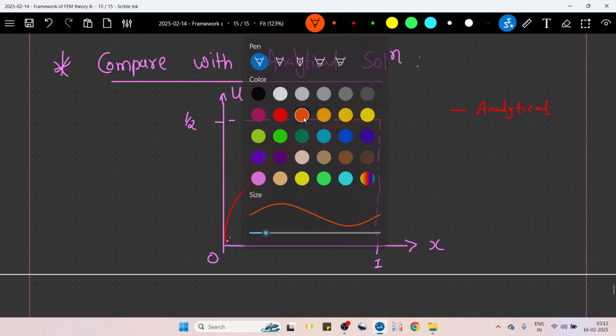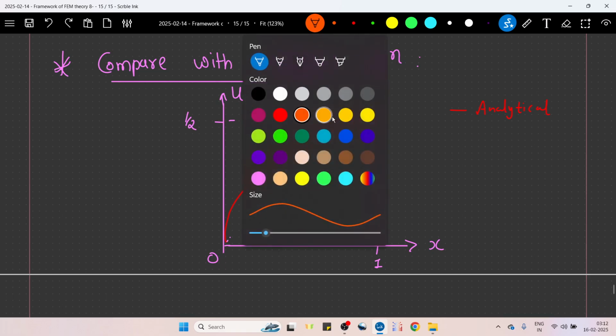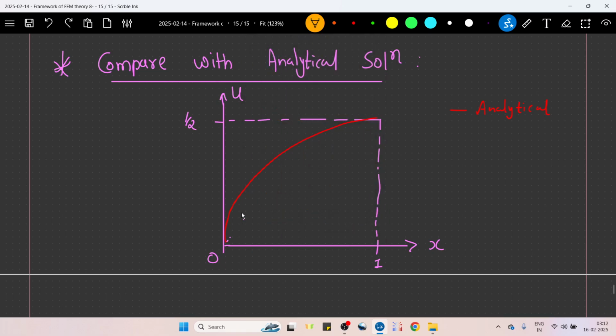So this is our one element FEA solution.